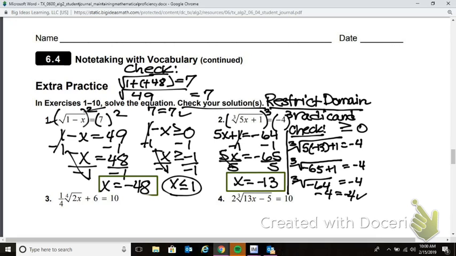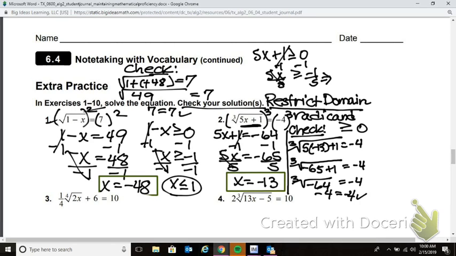Okay, and then our last step, remember, we're going to restrict the domain. We take our radicand, this 5x plus 1 expression, and we set it greater than or equal to 0. This time we're dividing by a positive 5.